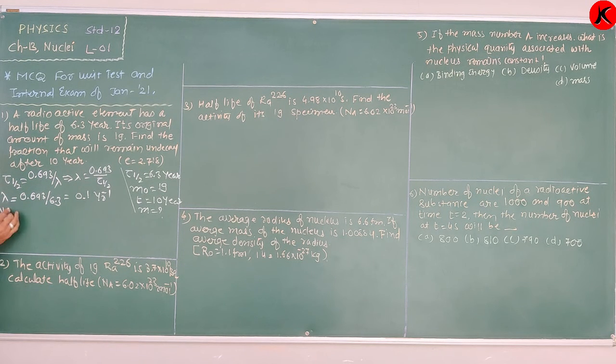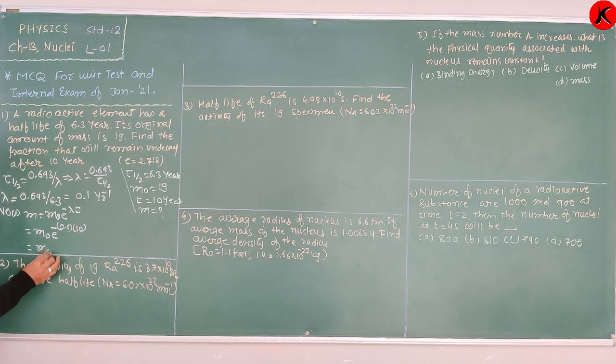Now m is equal to m0 e to the power minus lambda t. t is given, lambda we have already found, and m0 is also given, 1 gram. So we substitute m0 e to the power minus 0.1 into 10.